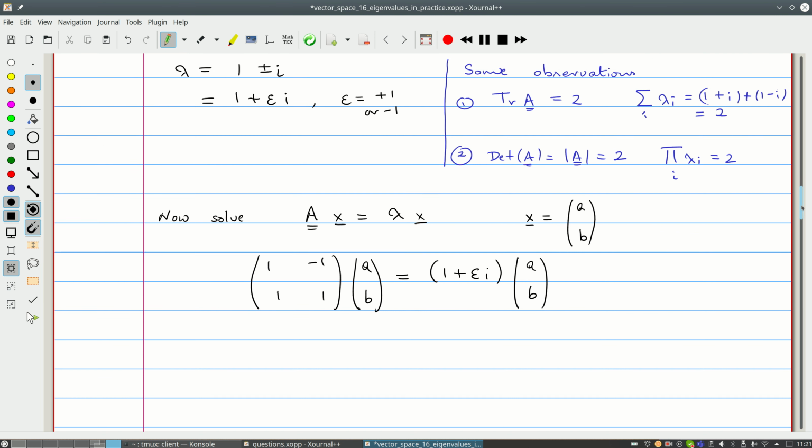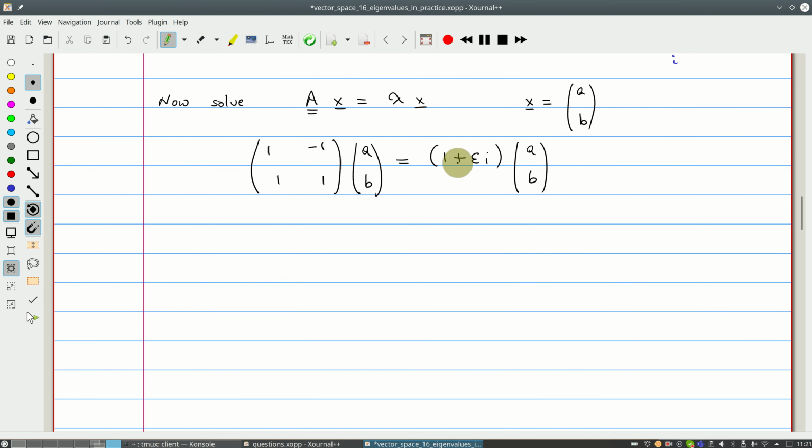Alright, so what we need to do now is to write both sides in their vector form. So on the left hand side, we've got 1 times a minus b as the first term, and a plus b as the second term. That should be equal to the right hand side, which is the scalar times each of these.